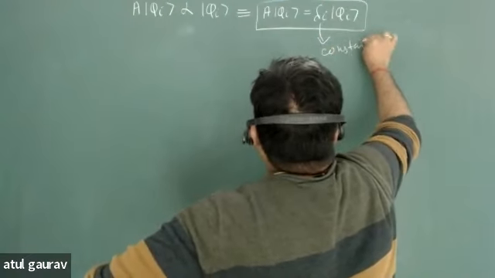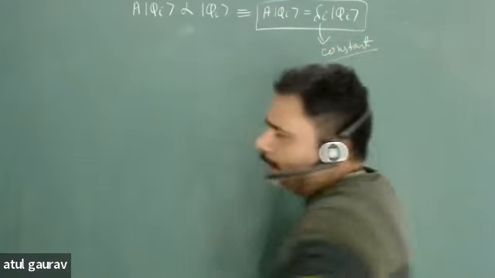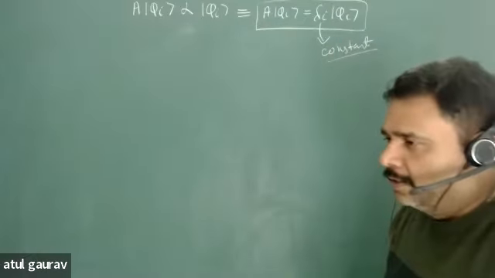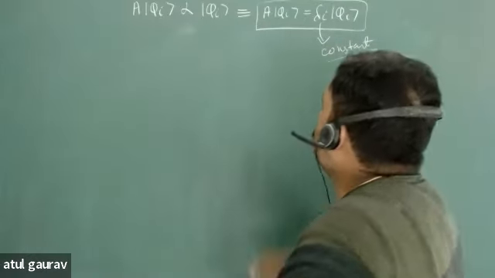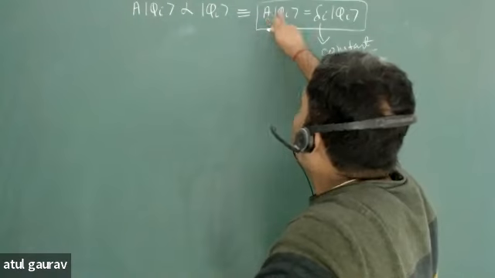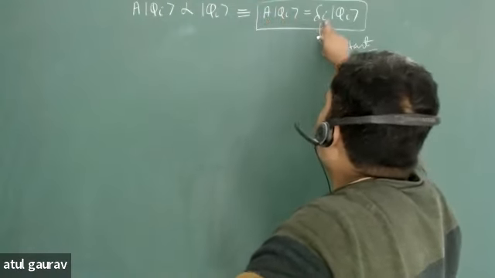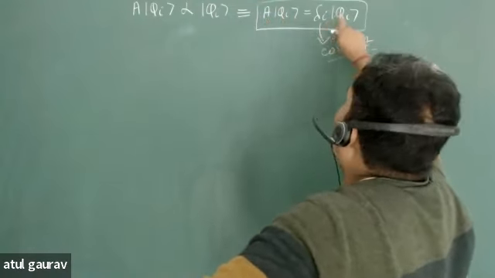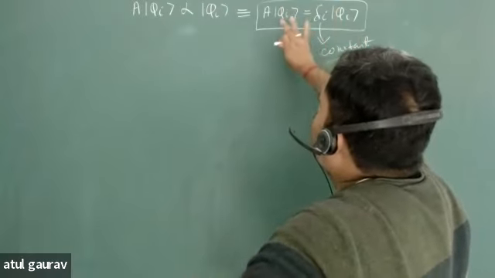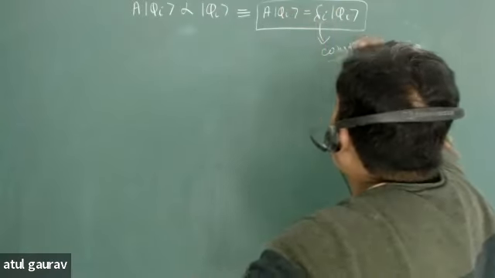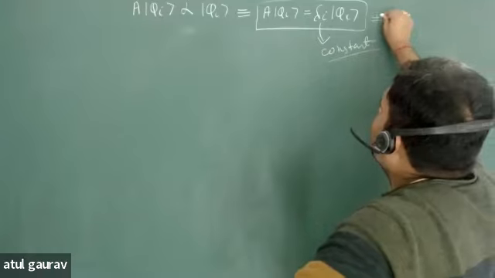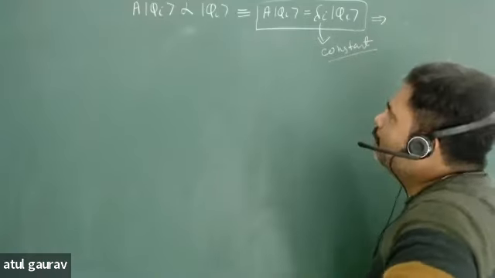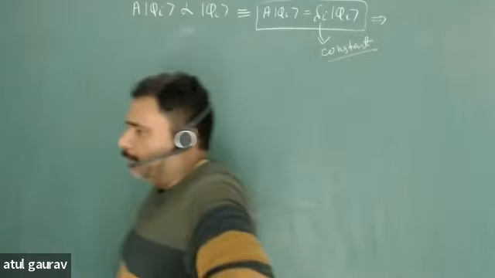In quantum mechanics, this constant can be an imaginary number also. So if A operates on phi I and I get lambda I phi I, then this is a very interesting equation, and this is basically the eigenvalue eigenvector equation.